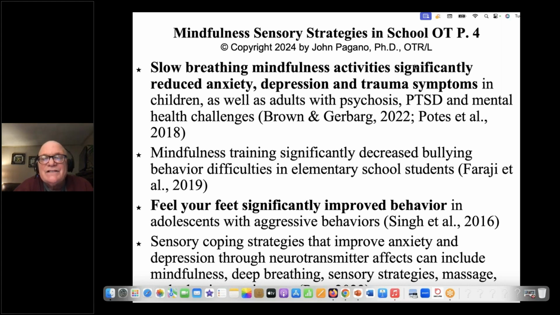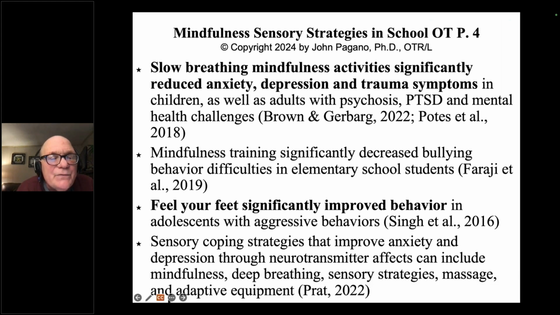So exercise, massage, sensory strategies, deep breathing, and mindfulness, yoga, I consider those all sensory modulation strategies that can be used specifically depending on what ones your students best respond to and enjoy doing.